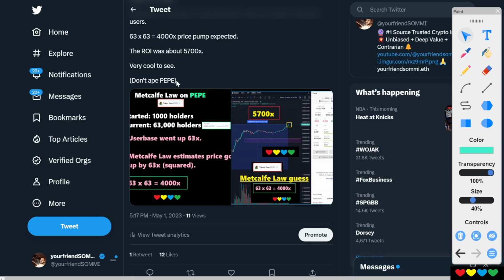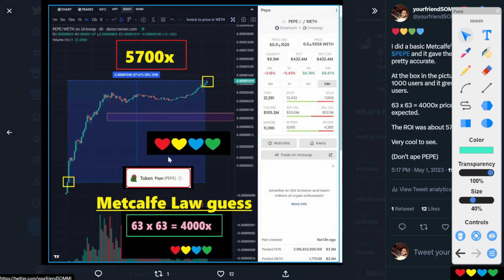My final message for you, friends, is this is not a magic formula to tell you where something's going. The hard part, the difficult part, is figuring out how many people you're going to get. So the real thing you should be concerned about is when you buy a coin, you must know this.